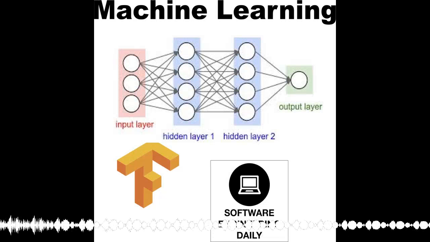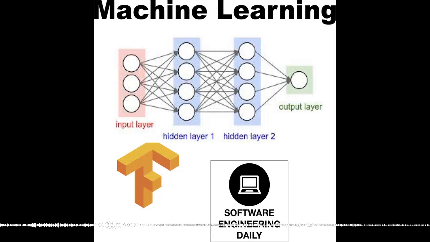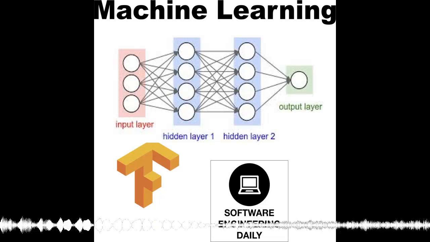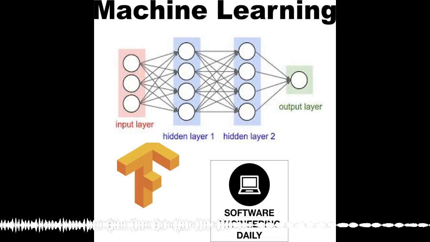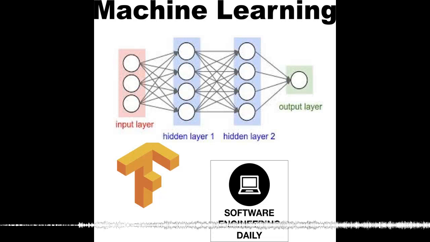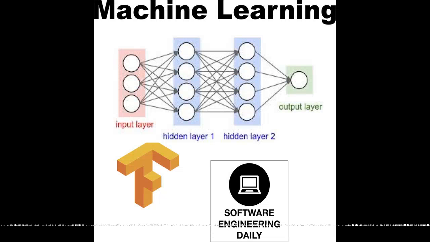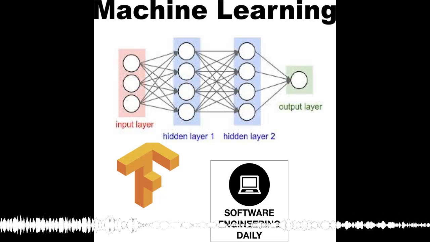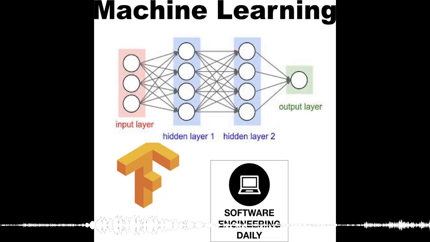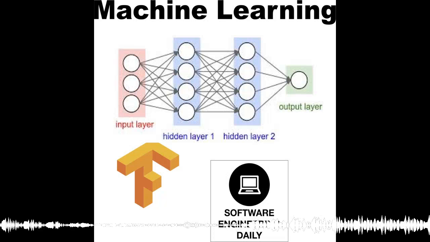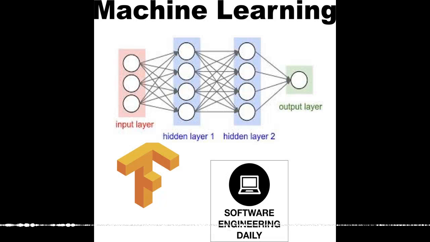Mm-hmm. And we did a show about Word2Vec, which is an embedding space for words, essentially. The idea is if you take all the words in a corpus and plot them on a geometric space, you would have words with these relationships. For example, king would have a geometric relationship in this n-dimensional space to queen, and it would be the same geometric relationship that male has to female.